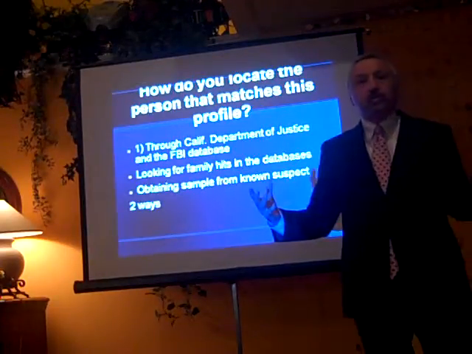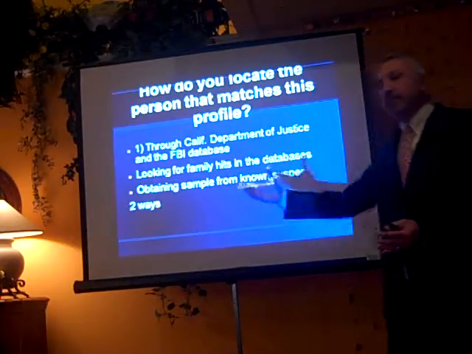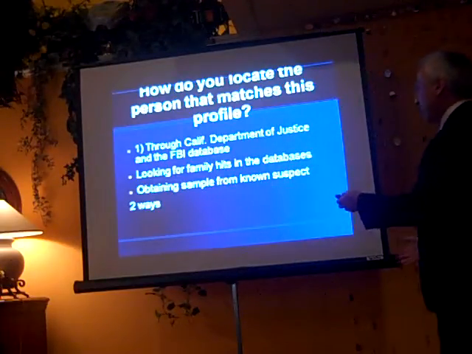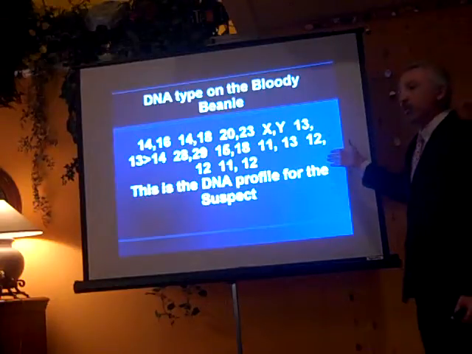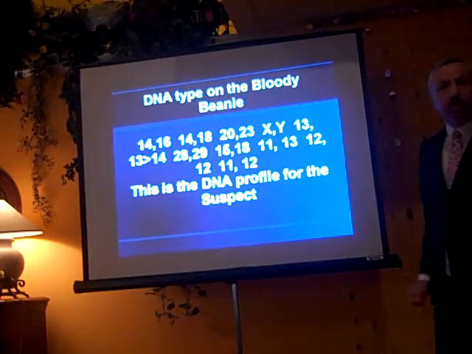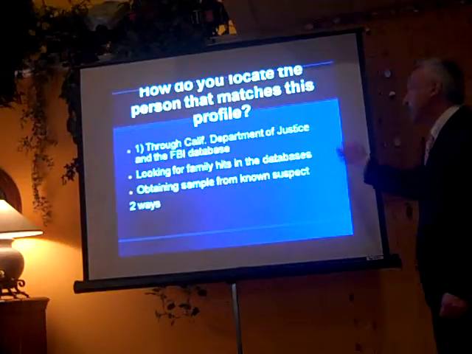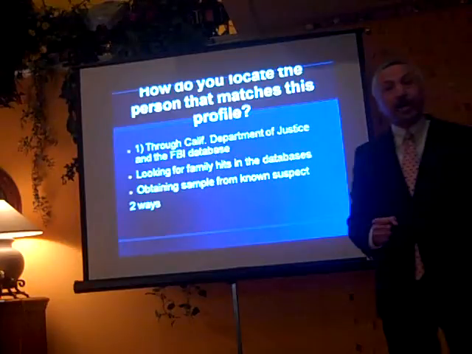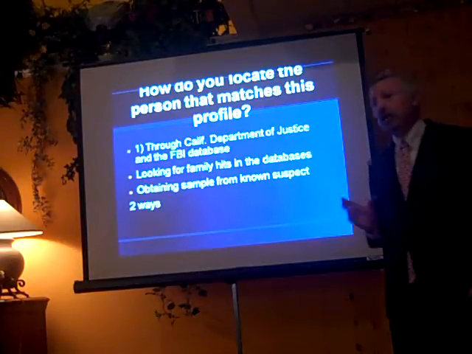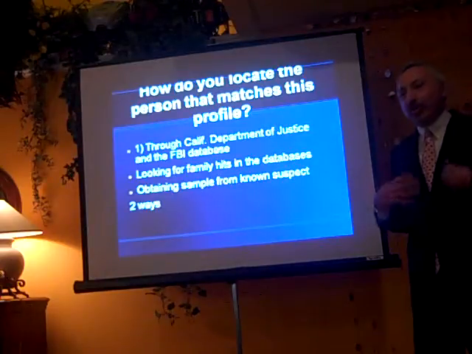Now, the criminalist collects DNA at the scene, they type it, now they have those numbers right here. Well, so what? How do they find the actual suspect just with these numbers? Well, there's a couple ways. So possibly they have a suspect in mind. Possibly somebody saw somebody leave the scene of a crime with blood on their shirt.